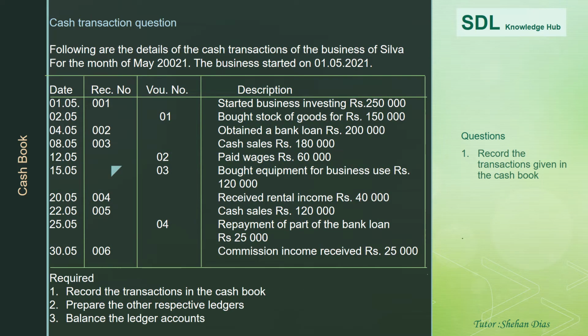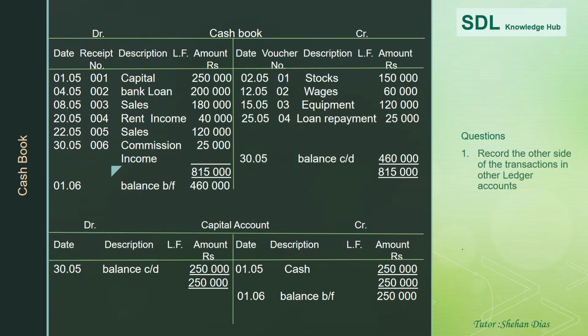Now we look at a full question regarding preparing the cash book and balancing the ledger accounts. So as you can see, the information is given and you are required to record the transactions in the cash book, prepare the other respective ledger accounts, and balance the ledger accounts. Now let's look at how we will prepare the cash book and the other ledger accounts.